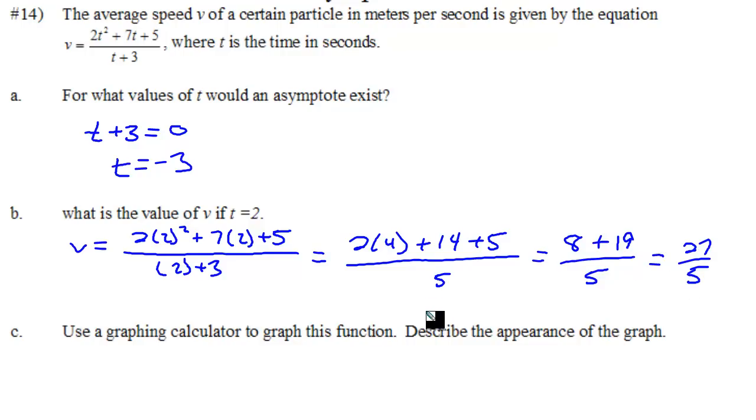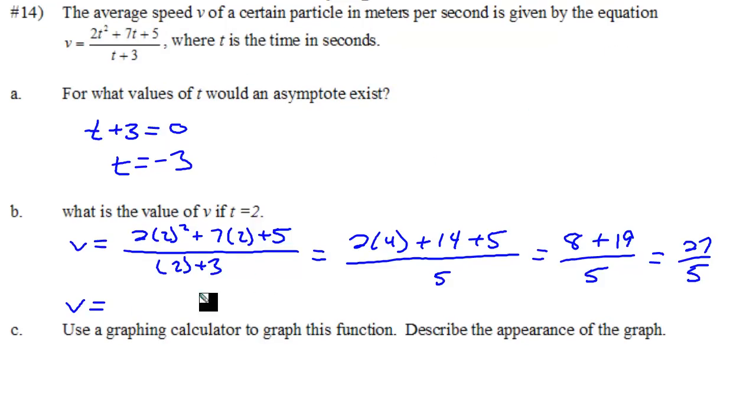So we got 27 divided by 5. So velocity, you're unlikely to say 27 divided by 5 meters per second. You could say 27 meters per 5 seconds. If you put that in your calculator and divide it, you're going to find that it's 5.4 seconds. Pardon me, not seconds. 5.4 meters per second.